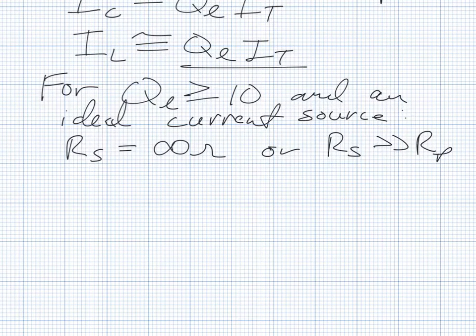All right, so let's move on. So what does that do for us? Well, then our total impedance for the parallel circuit is really going to be the quality factor squared times the resistance of the inductor. Okay, and again, this goes to the fact that we no longer have to deal with RS.